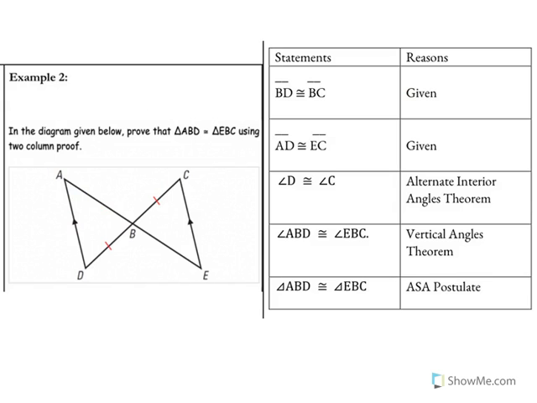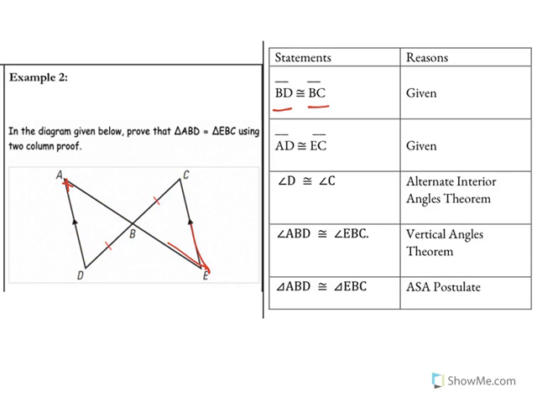Let's look at a second example. In the diagram given below, prove that triangle ABD and EBC are congruent using a two-column proof. Sometimes it's helpful to just trace the triangle so you know exactly what they're saying. All right, so here we're given BD is congruent to BC. Once again, we're given that because I see tick marks, right?